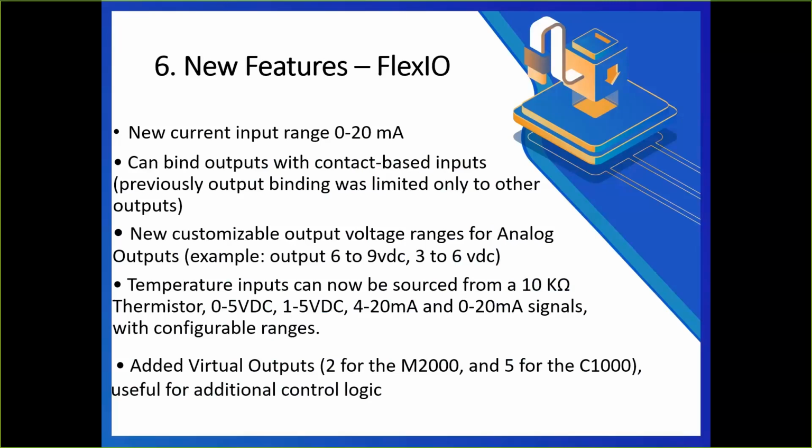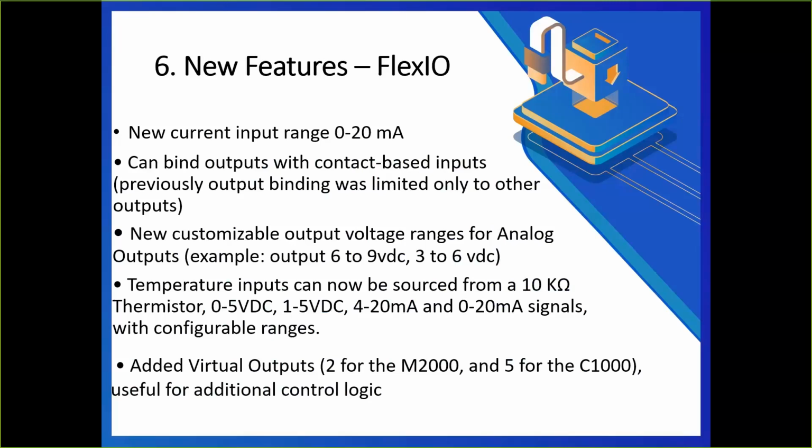Okay. Now, as you are well aware, anytime we say ProLon and temperature in the same sentence, it means 10K type 3. On the Flex IO only, now, we have the ability to accept linear transducers for some specialty applications. So that will take a 0 to 5, 1 to 5 volt DC, 4 to 20, or 0 to 20. Places that this can come in handy, I have seen some applications where we wanted to share a value from one flex to another flex because of all the logic.